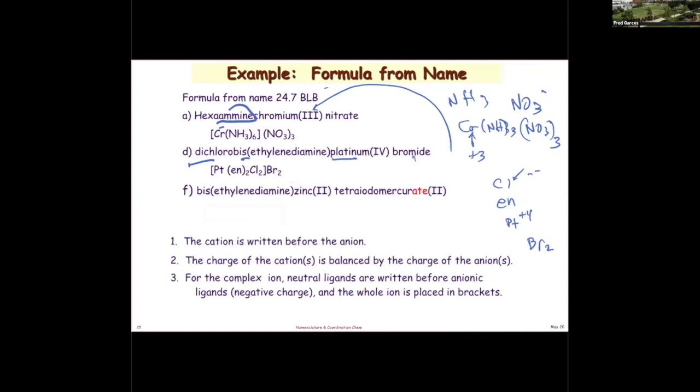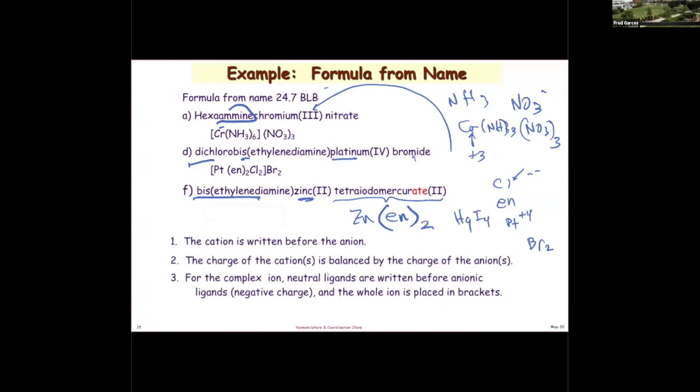Finally, the last one here, we have bisethylene diamine. So there's 2 ethylene diamine. That's this. There's a zinc that's +2. And then there's a counter ion here. It's a complicated one. It's got mercury, and the mercury has 4 iodines.